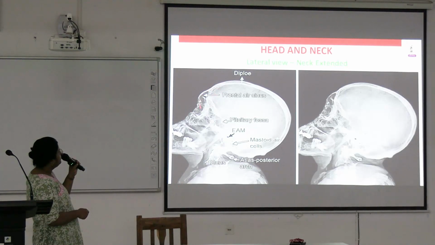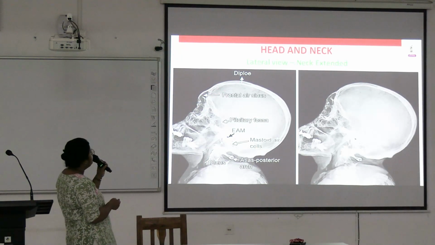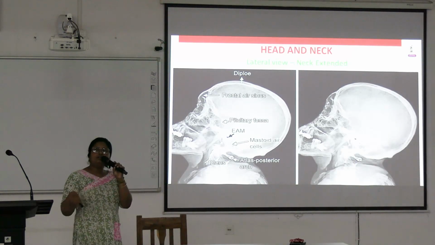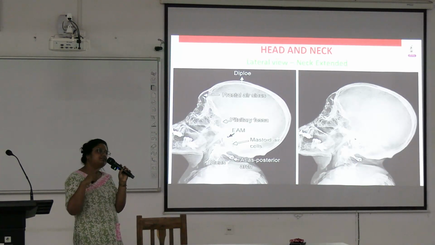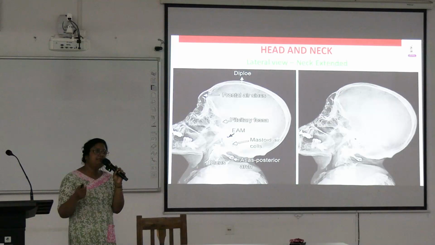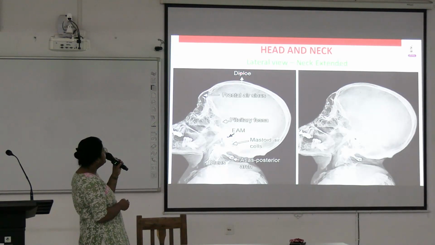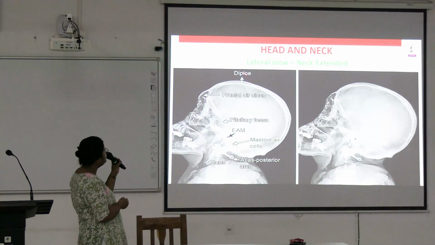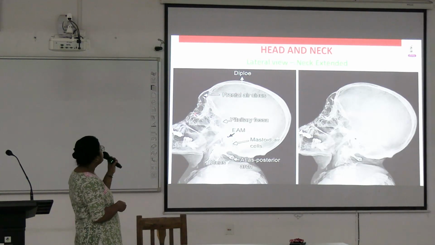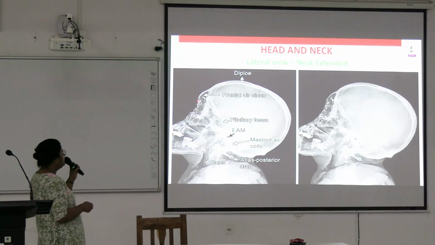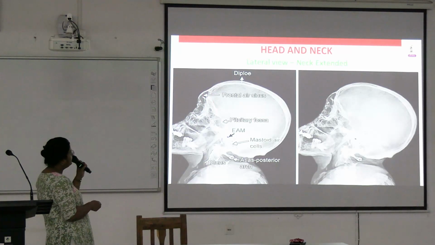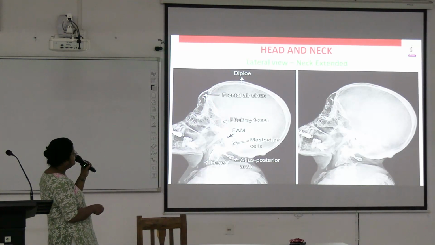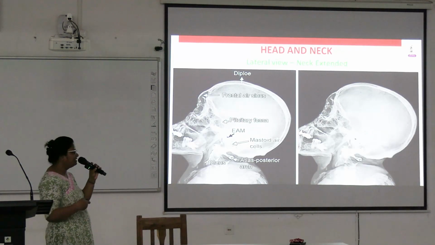Here you get the diploe. Diploe means the spongy tissue lying between the outer plate and inner plate of the skull. Here is the frontal air sinus. This is the anterior cranial fossa. Here is the pituitary fossa or sella turcica.